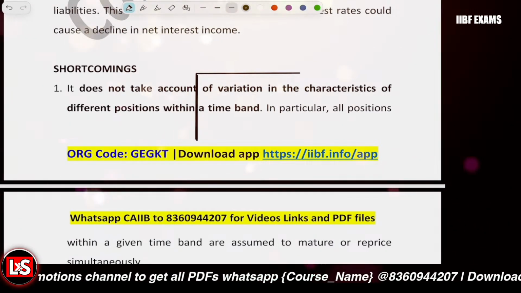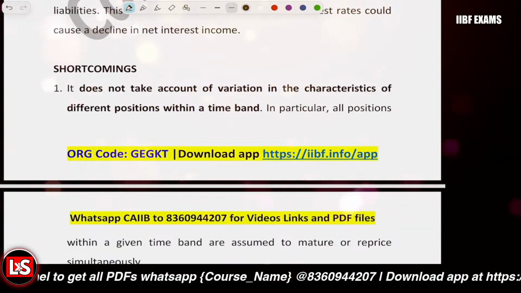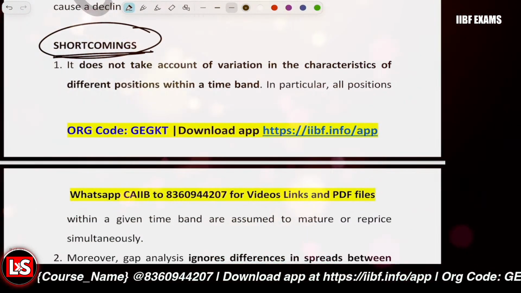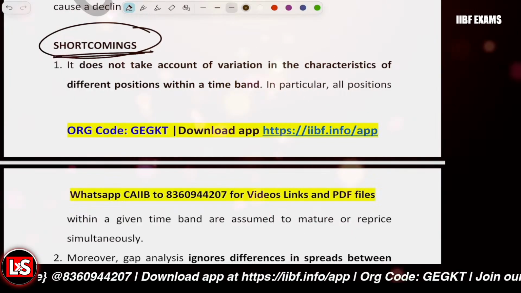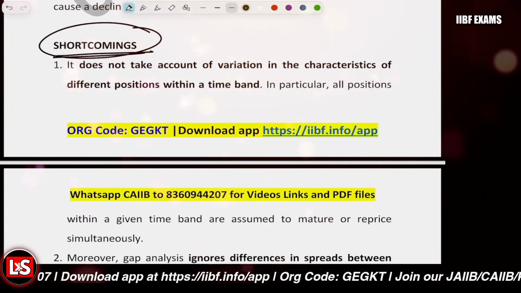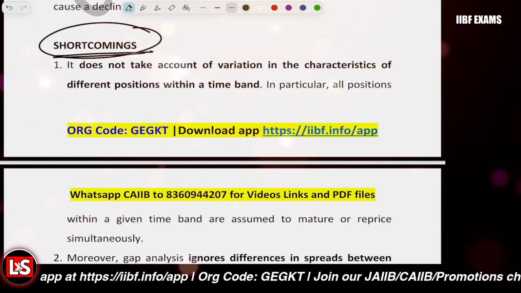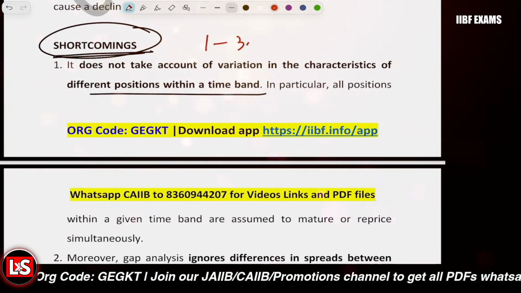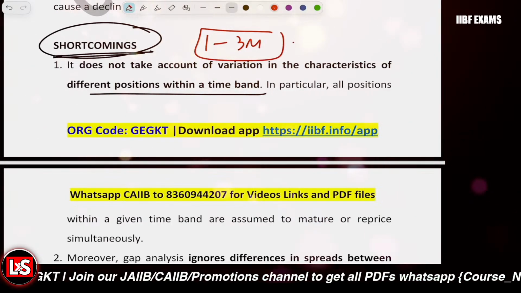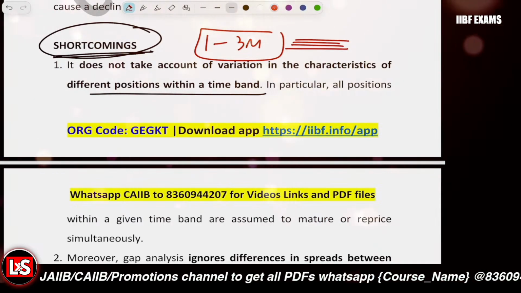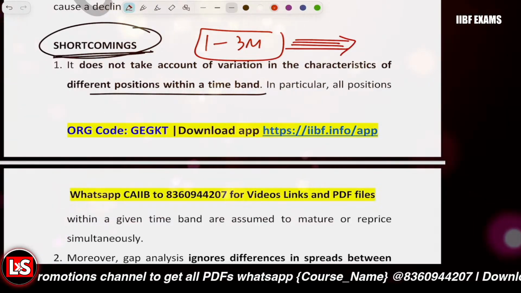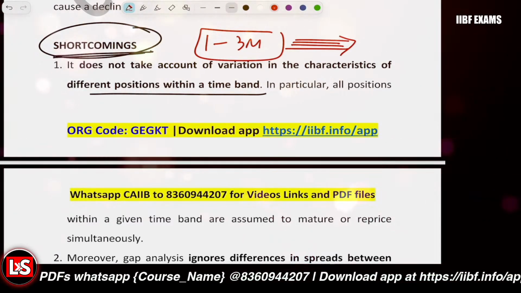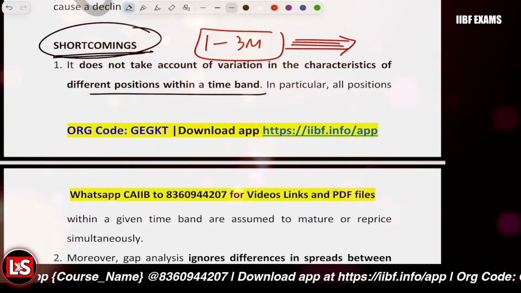The uniform repricing assumption is taken. That's the first shortcoming. We assume that all the assets and liabilities in a particular band reprice simultaneously. Let's say when we are considering even the 1 to 3 months band, we are considering that all the particular assets and liabilities are going to reprice simultaneously, which is not the case. That's the first shortcoming, limitation.